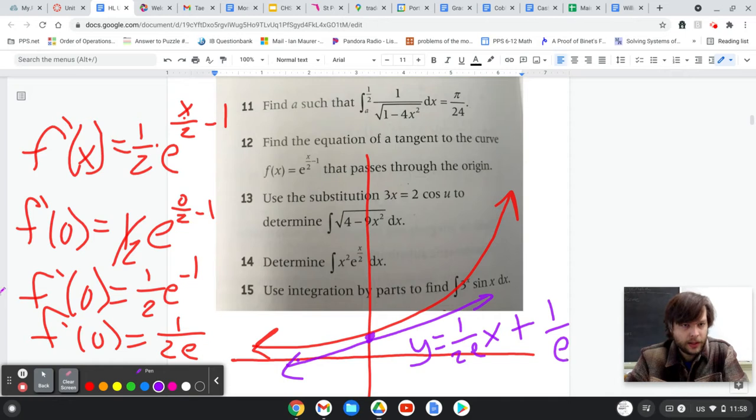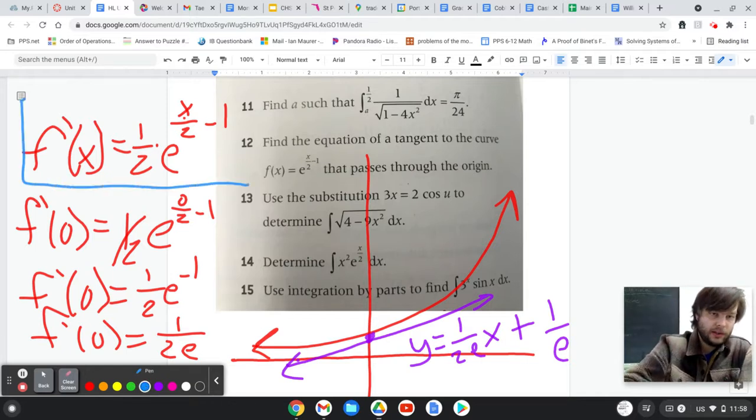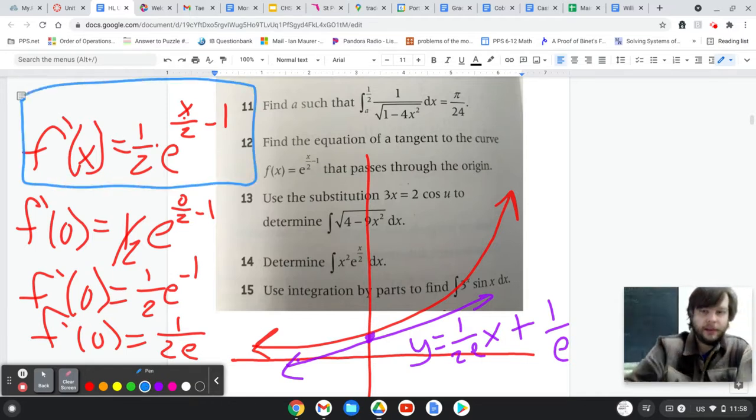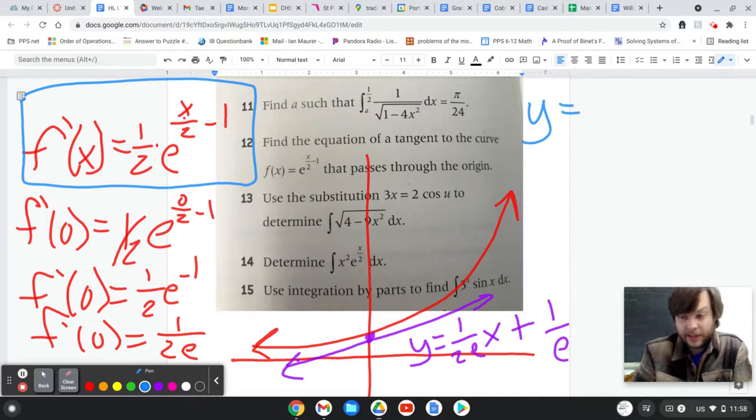Okay, so instead of plugging in f prime of 0, what I'm going to do is I'll go to blue for this one. I'm just going to use this derivative, and I'm going to set up a y equals mx plus b equation. And if it passes through the origin, I know my b is going to be 0. So really, y equals mx.